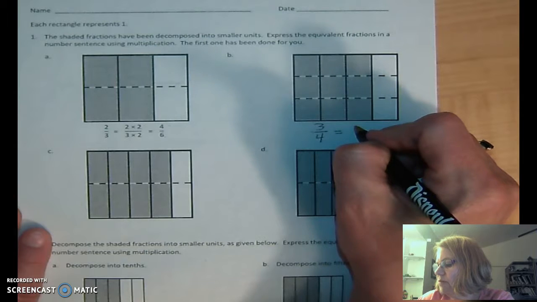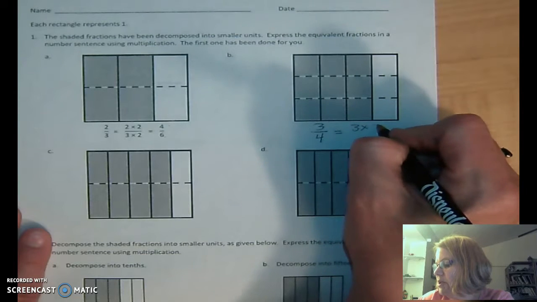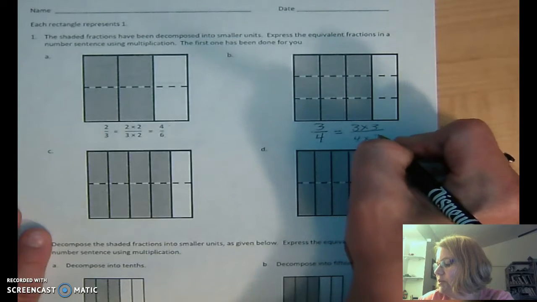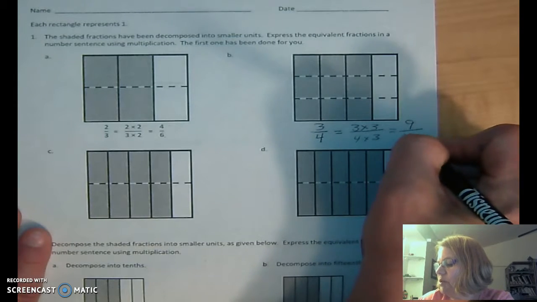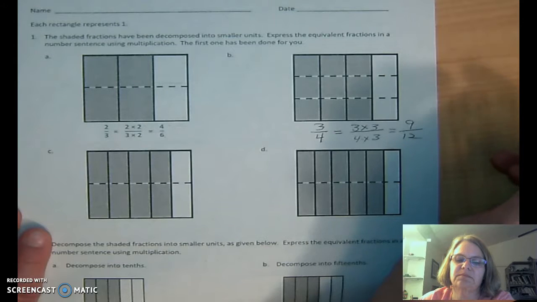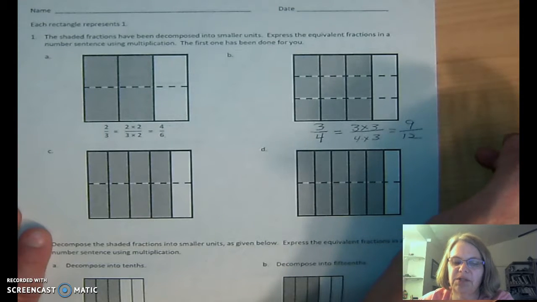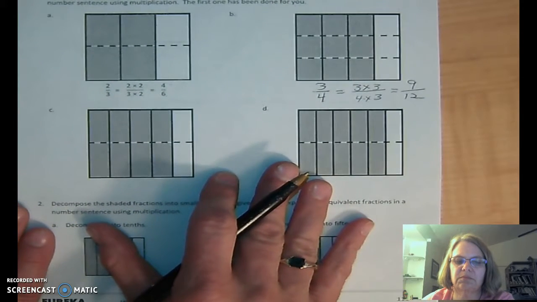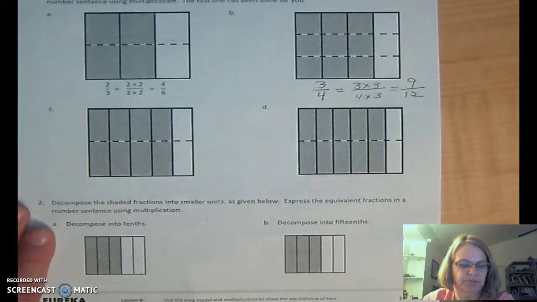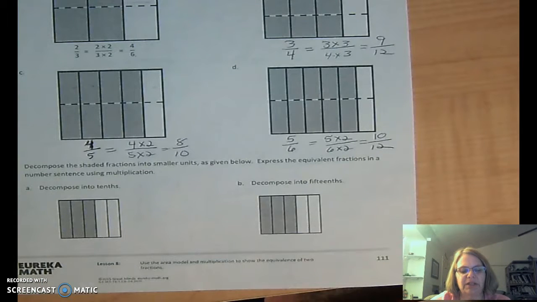So this would be 3 times 3 and 4 times 3. 3 times 3 is 9. 4 times 3 is 12. Okay. Now I want you to pause it, and I want you to do the next two on your own. Okay, I went ahead and did these problems for you, and I would like you to check your work.